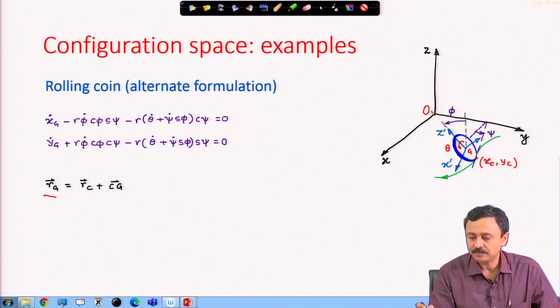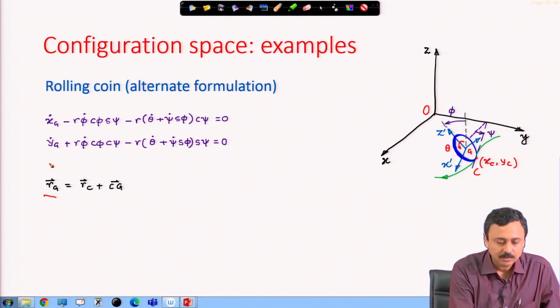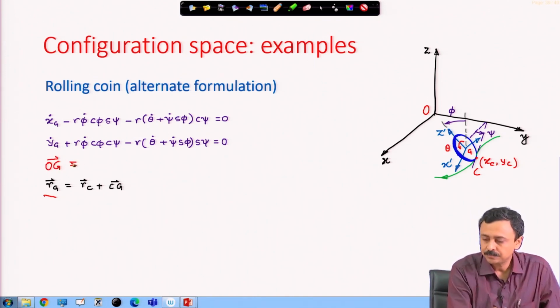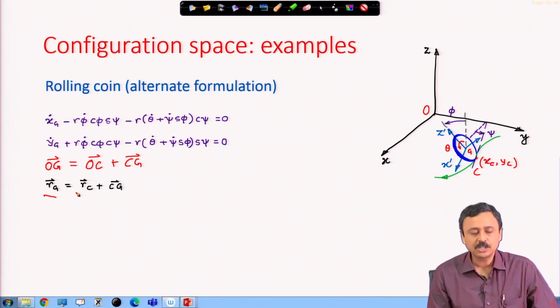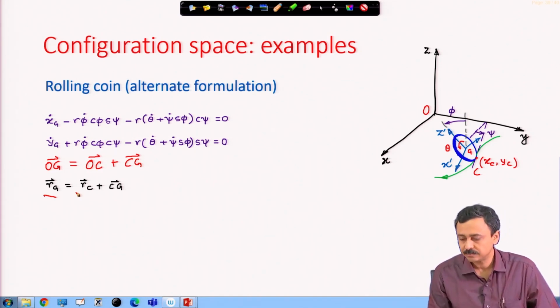Suppose I have this origin as O, this point is of course C, and G is the center of mass. Then I can write the OG vector is equal to the OC vector plus the CG vector, and that is what I have written here. The position vector R_g is equal to R_c, the position vector of C, plus CG.